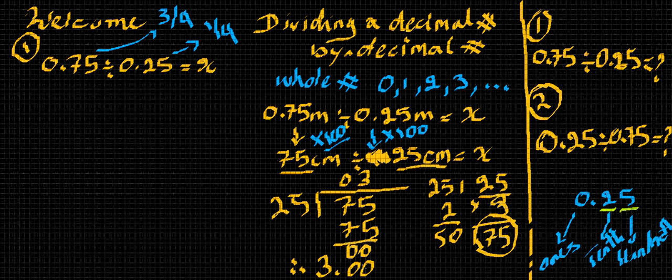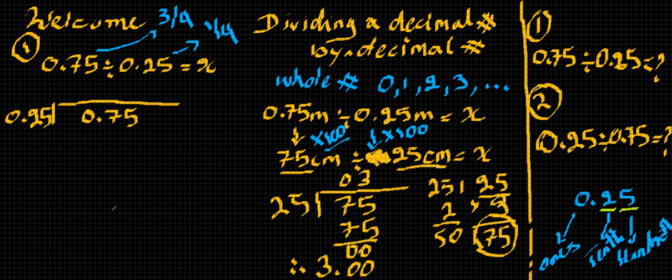Okay? Now, what if you weren't comfortable with converting this? Well, we're still going to use the same principle of getting this into a whole number. But first, we're going to put this in a proper division format, with the decimal numbers themselves. So we're going to put 0.75 over here, 0.25 over here. Now, in order to make this a whole number, we're going to multiply these two numbers individually by 100, same thing as we did over here.